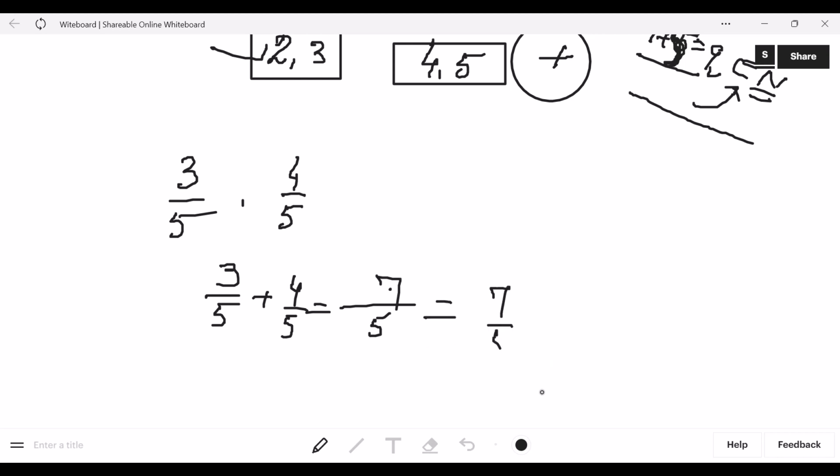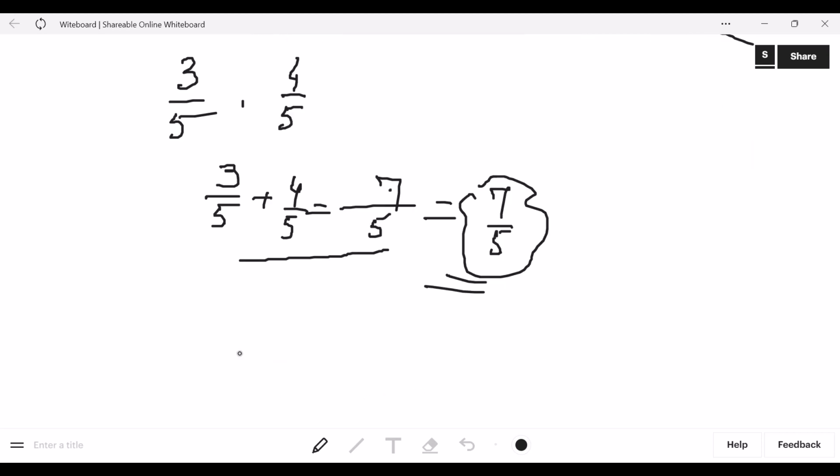So 7 by 5 is also a rational number. Therefore, we can say that in general, sum of two rational numbers is always a rational number. That is, the closure property under addition holds good in case of rational numbers.